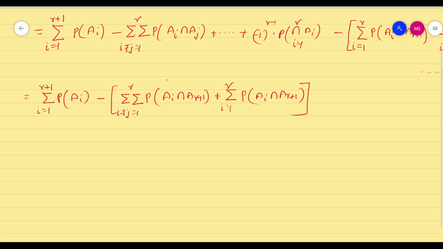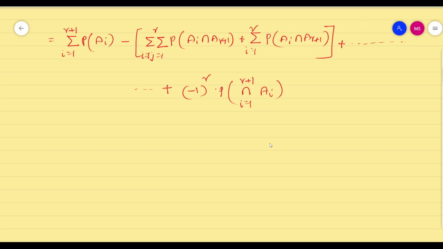So combination of two terms, this term and this term. Plus and so on, plus (minus 1) to the power of r into P of the intersection, i running from 1 to r+1, of A_i. This is the answer.